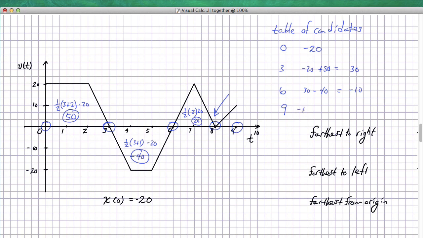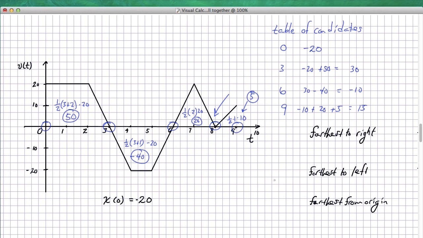So to get to 9, we start with negative 10, we add 20, but we also have to add this final triangle, 1/2, 1 times 10. So that signed area here is 5. That is 15. Okay, we've evaluated all the candidates, including the endpoints. Now we just pick off the answers.